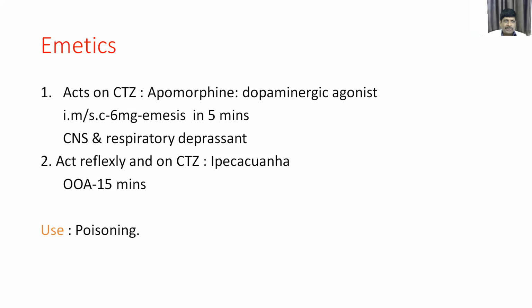Here, see emetics. You should first know the definition. What are emetics? Emetics are the opposite of antiemetics. An emetic is the drug or the compound or substance which produces emesis. Emesis means vomiting. There are many pathways through which this vomiting or emesis occurs.